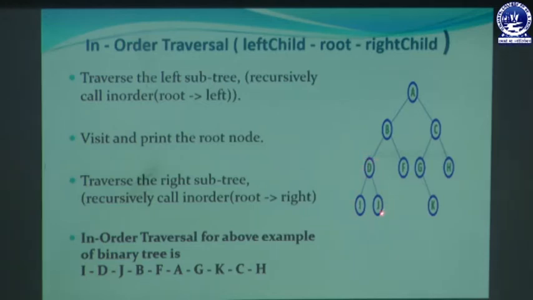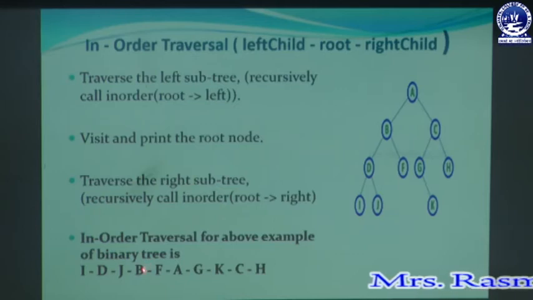As these nodes are completely displayed, we will then visit the root node of this subtree. The root node for this subtree is B. So, after visiting J, we visit node B. Then B will be visited. After visiting the root node, we will visit the corresponding right subtree of that root node.